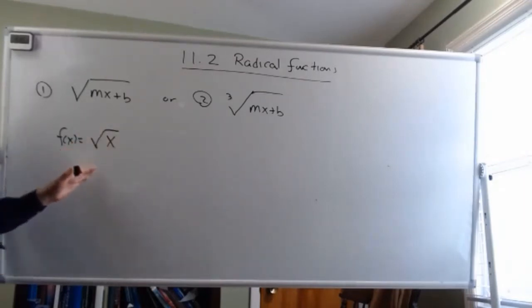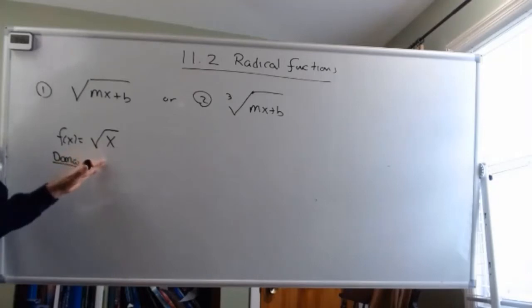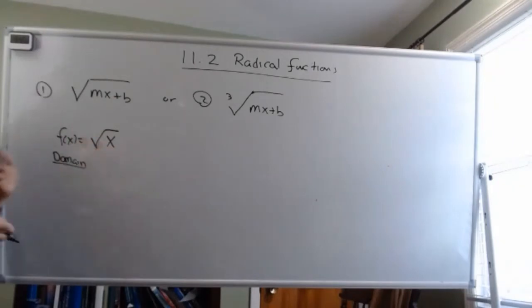Now, in these problems, the first thing you're looking at is you want to find the domain. And when you're dealing with the square root, you have to make sure that you do not have a negative under the radical. It's also true if you're looking at a fourth root or a sixth root. Even roots cannot have a negative under the radical.